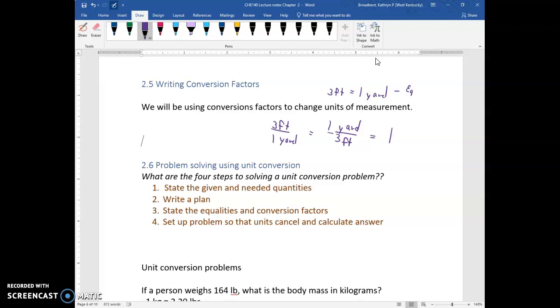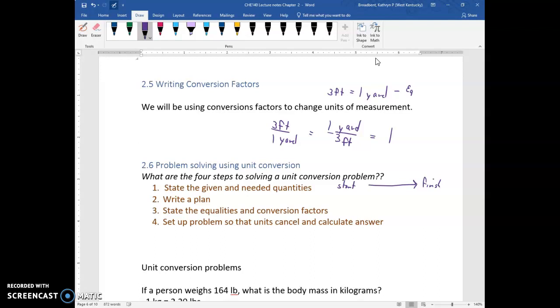Okay? So there are 4 steps to solving a conversion problem. First, we need to state the given and needed quantities. Usually I put what you start with here, and then I'll draw a line and what you finish with.